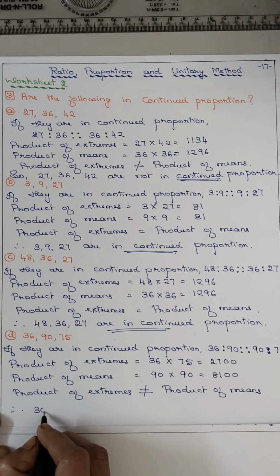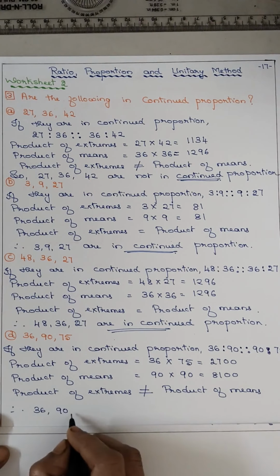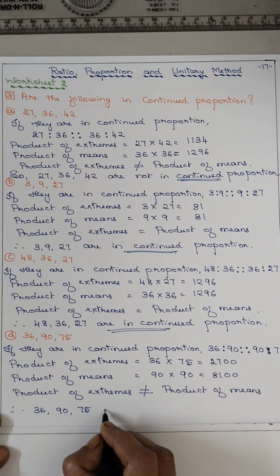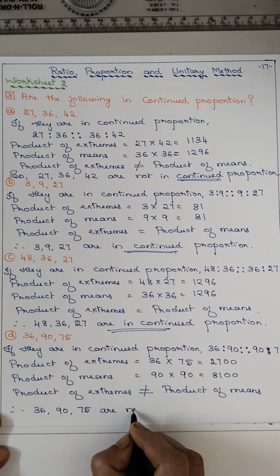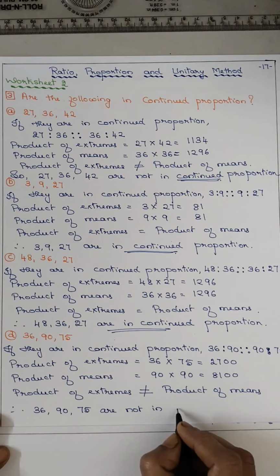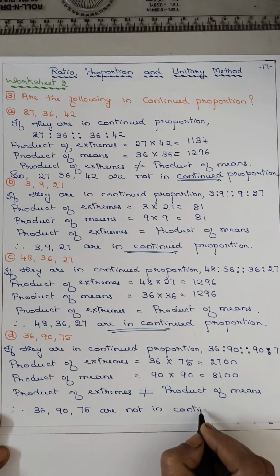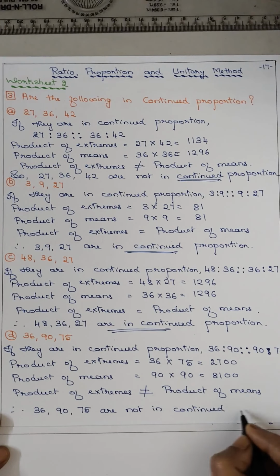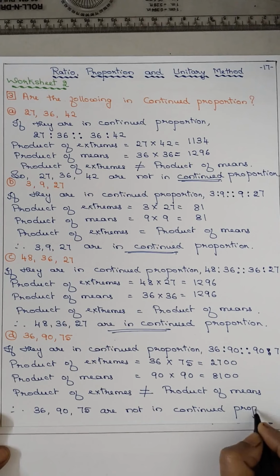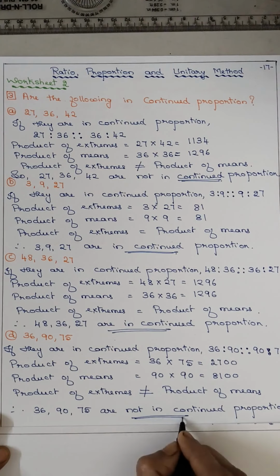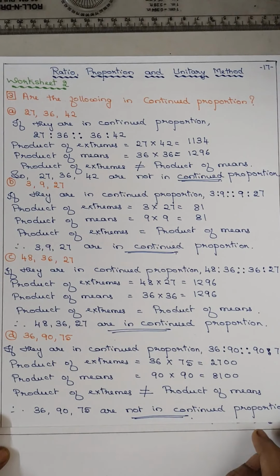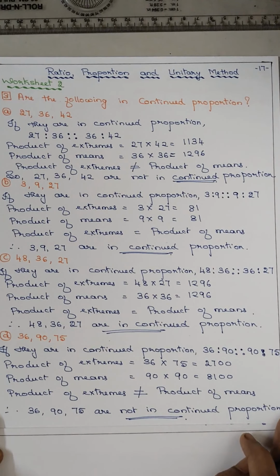Therefore 36, 90 and 75 are not in continued proportion. Is it clear? Hope everyone understood all the 4 sums. That is continued proportion.